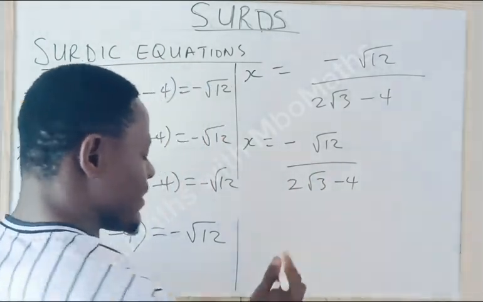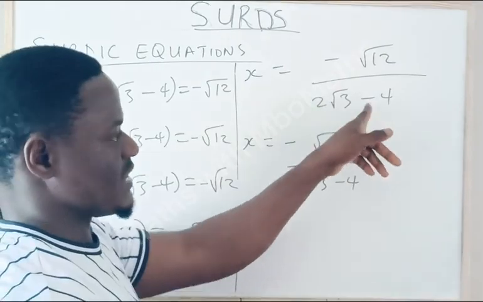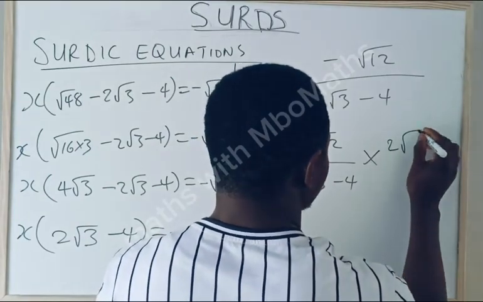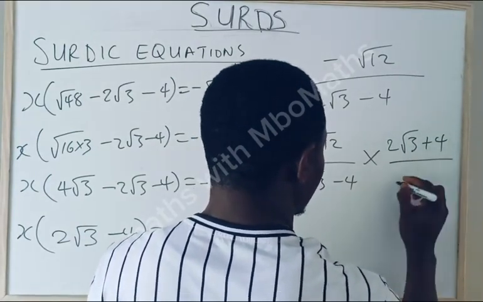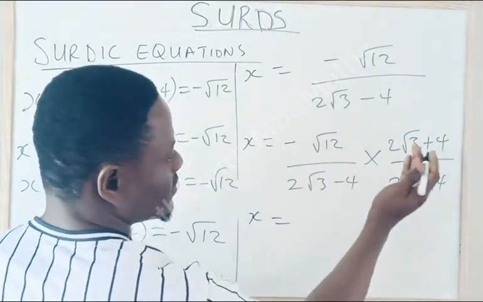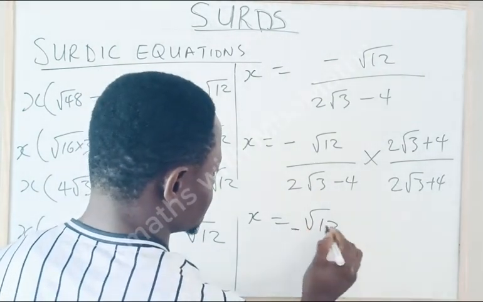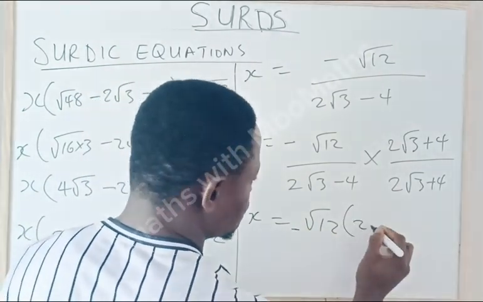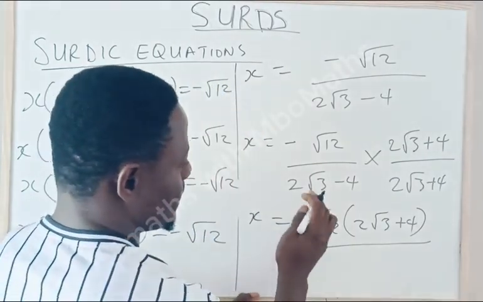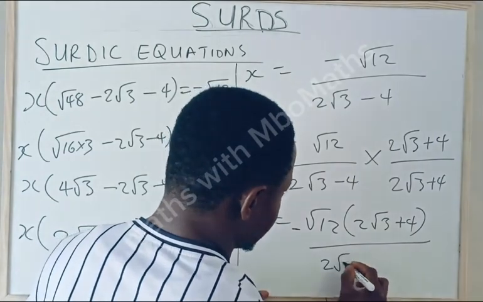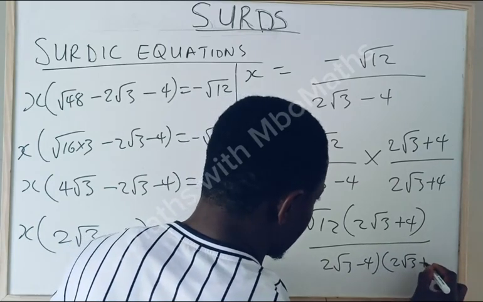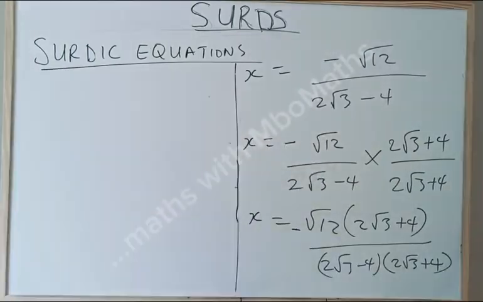If we rationalize the denominator, x will be minus root 12 over 2 root 3 minus 4. Remember, the conjugate of this is 2 root 3 plus 4. So it will be times 2 root 3 plus 4 all over 2 root 3 plus 4. We have that x is minus root 12 into 2 root 3 plus 4 all over 2 root 3 minus 4 into 2 root 3 plus 4. Let's continue.